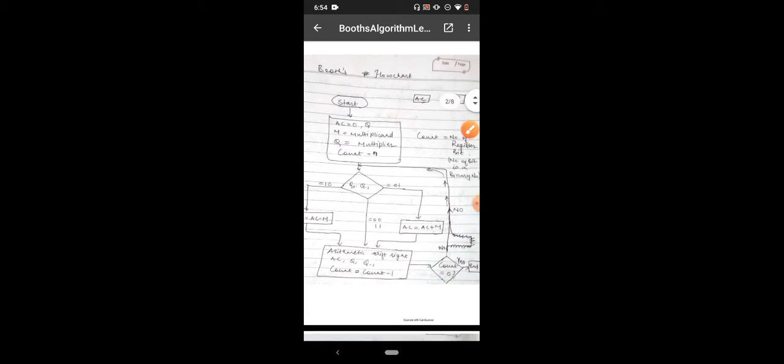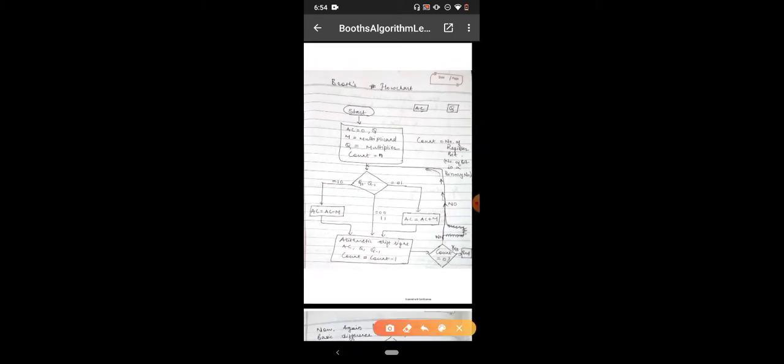If the value of q0 and q minus 1 is 1 0, then we do AC equals AC minus M, and if the value is 0 1, then we do AC equals AC plus M. Again I repeat, if the value is 1 0, we do AC equals AC minus M, and if the value is 0 1, then we do AC equals AC plus M.